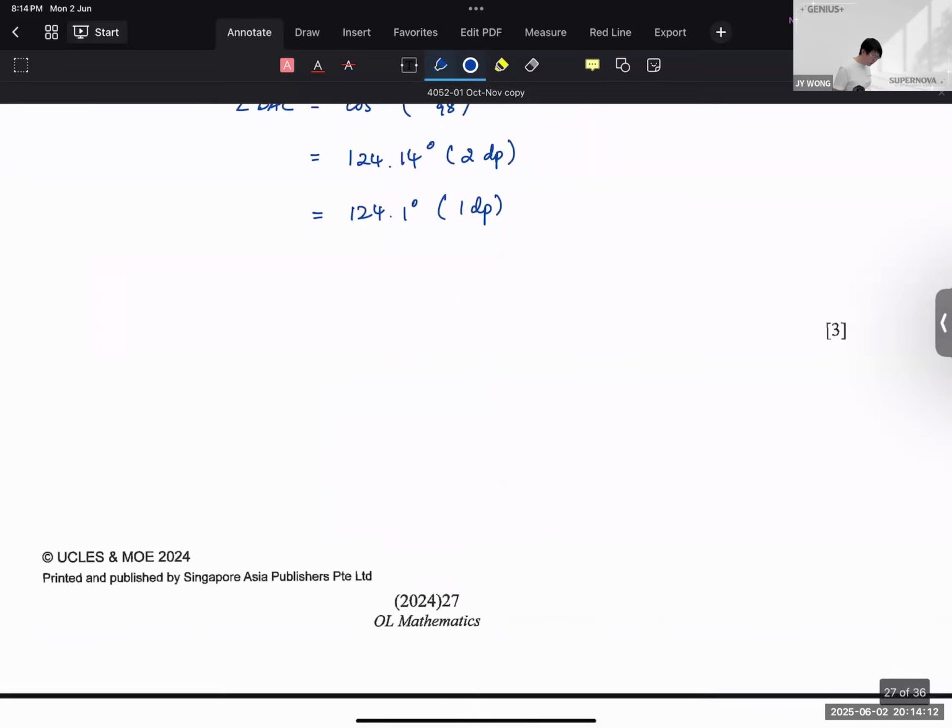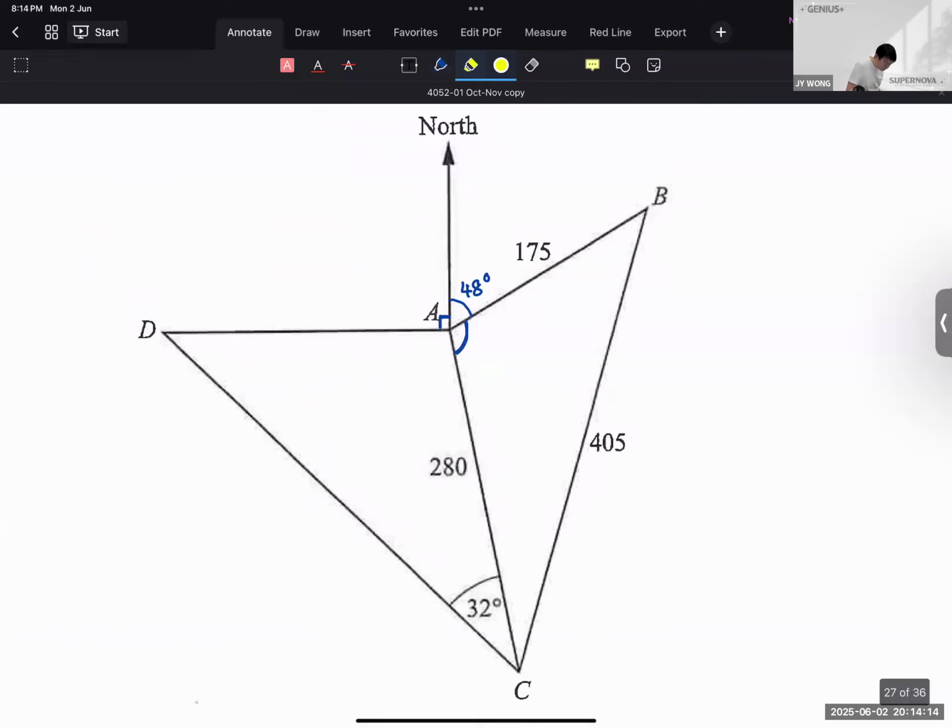Calculate AD. Where is AD? Due west, due east means perpendicular to your north. Due south means it's 180 degrees. Or south and west and south and east is all 90 degrees.